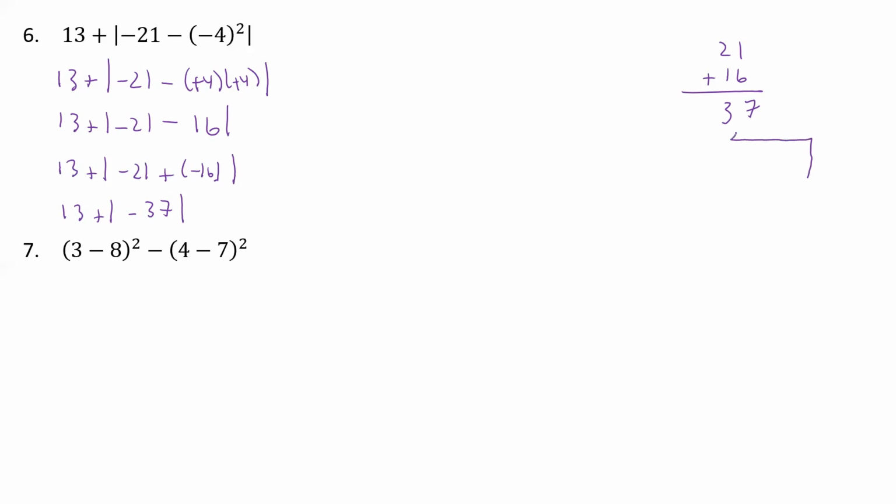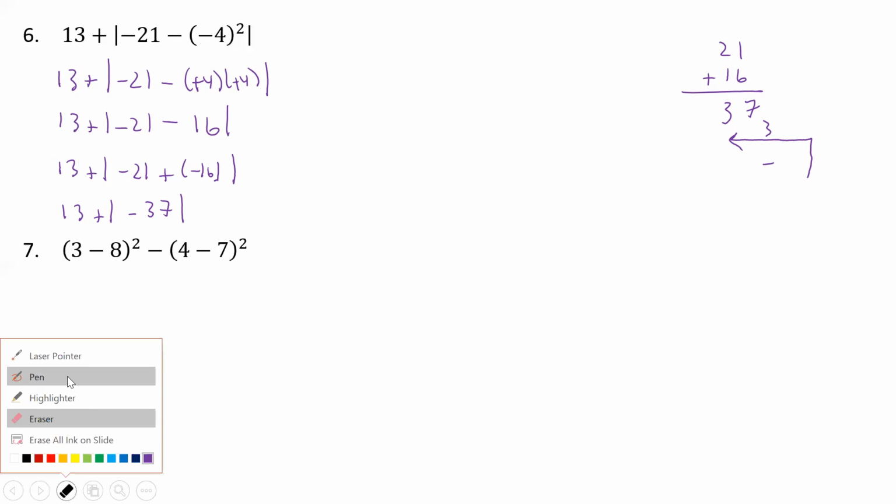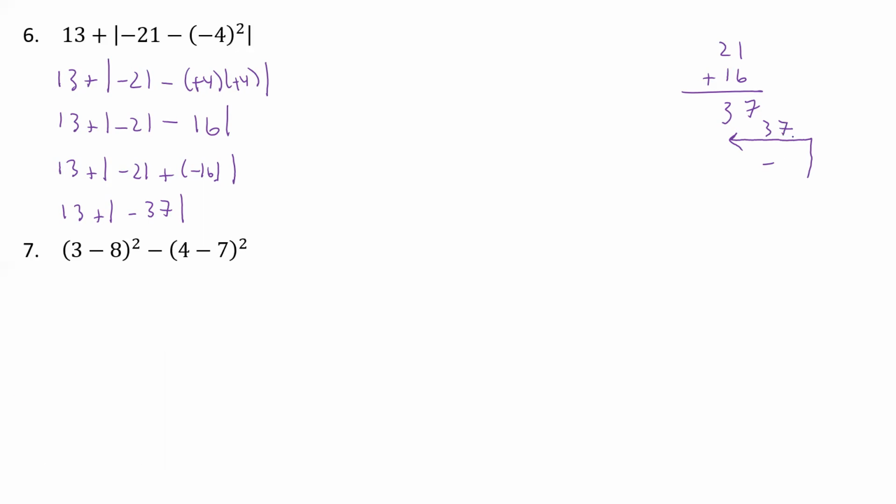Well, we're going to go up here, we're going to go left, and we're going to go 37, not 36. 37 blocks, and so that absolute value is just 37. So we'll have 13 plus 37. 7 and 3 is 10, carry 1. 3 plus 2 is 5. Looks like we get 50 for the answer there.